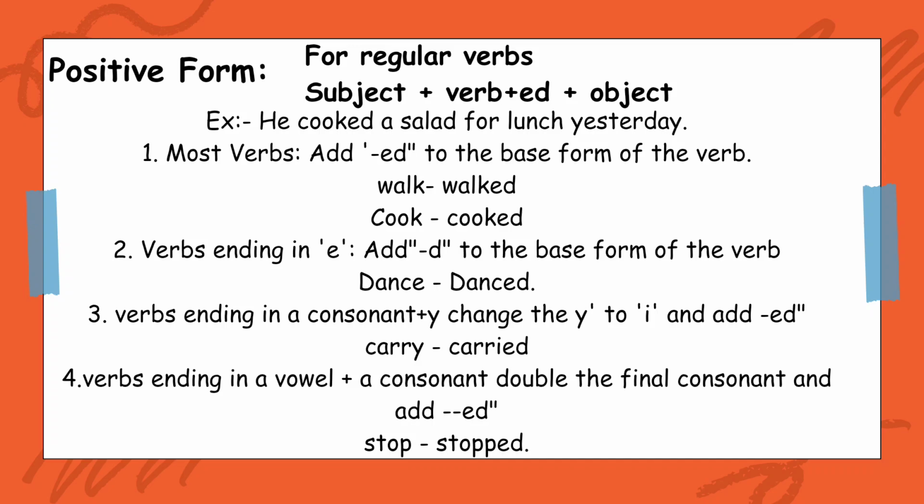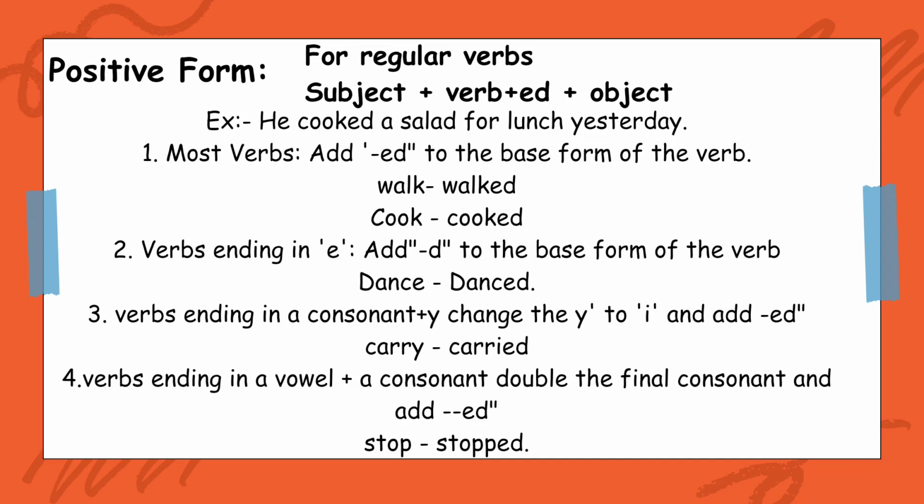Positive form. For regular verbs, the structure is subject plus verb plus -ed plus object. Example: he cooked a salad for lunch yesterday. Most verbs add -ed to the base form of the verb: walk, walked; cook, cooked.